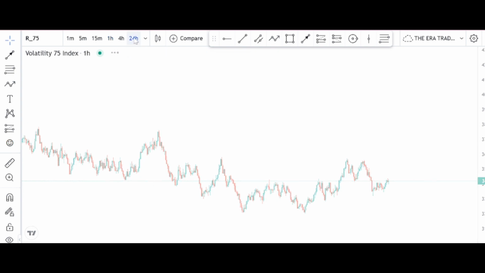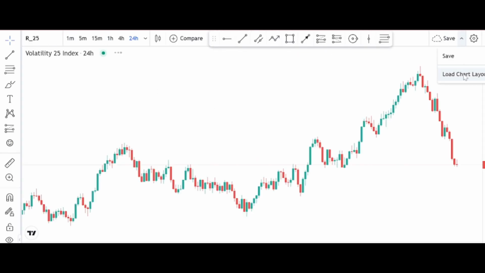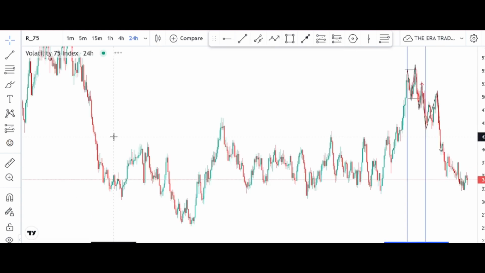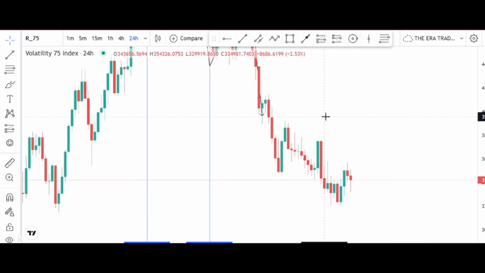All right, so for example, if you want to check the V75 now, you see currently that the market is bearish because it's forming a series of lower high and lower low, lower high and lower low, and all that.